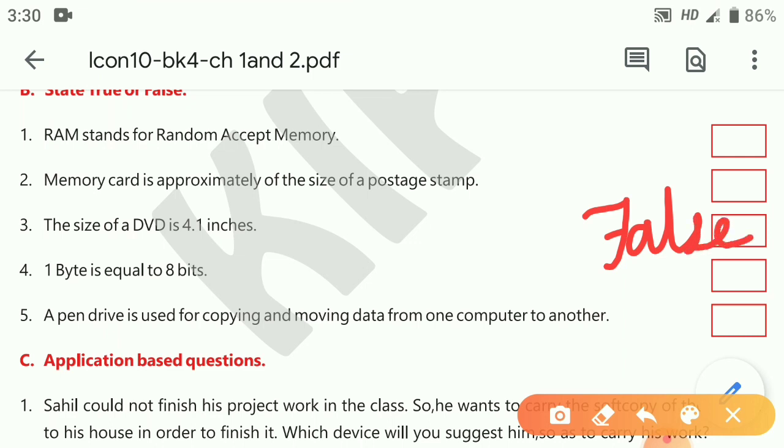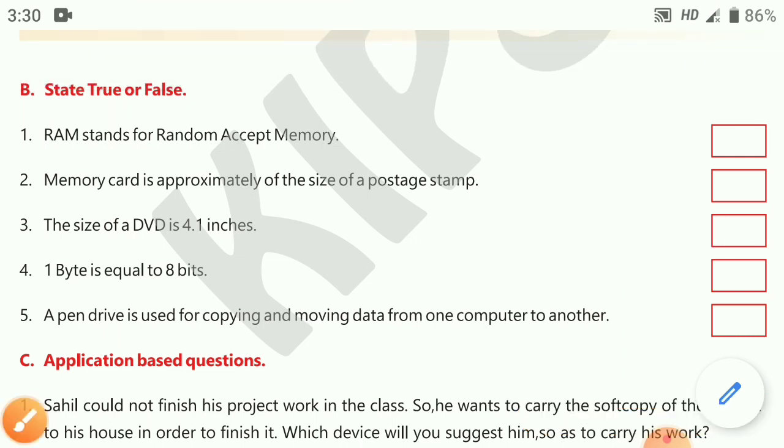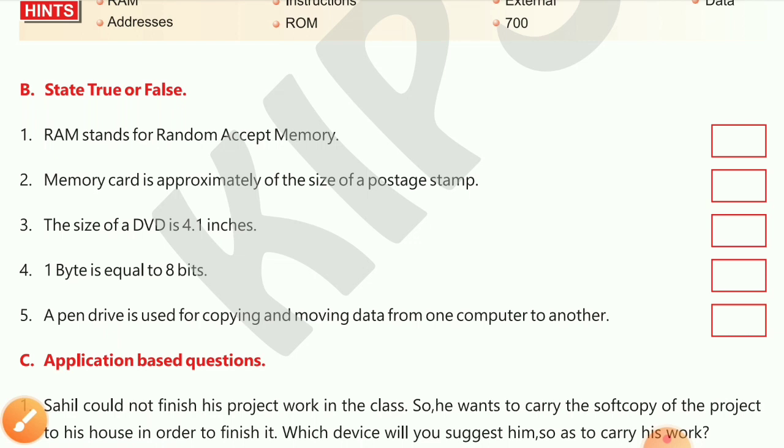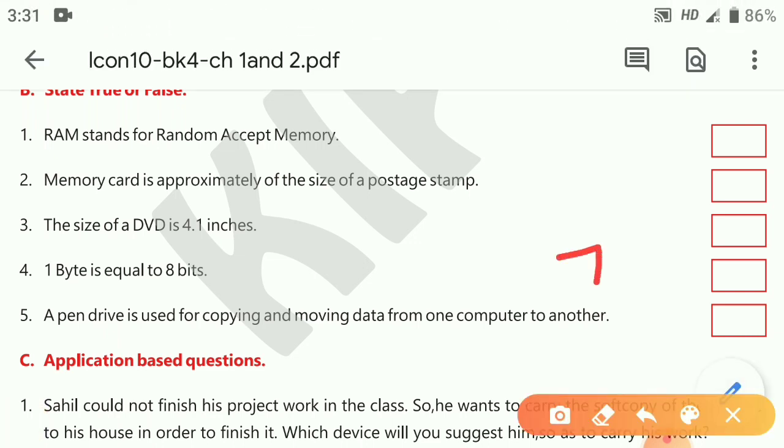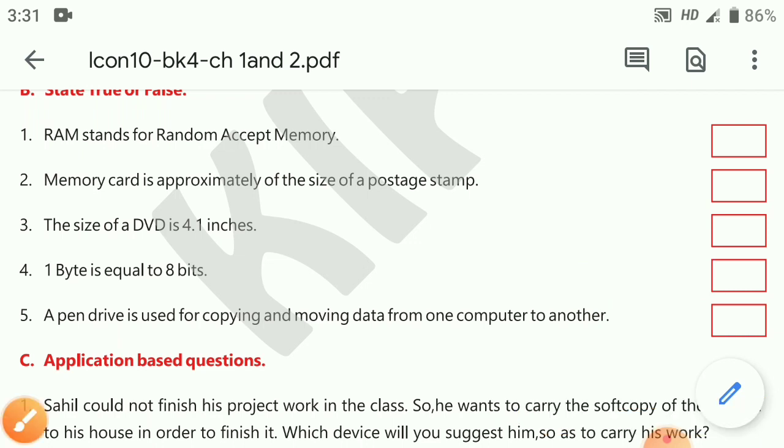F-A-L-S-E, false. Number 4. A byte is equal to 8 bits. Is it true? Yes. 1 byte equals 8 bits. We have learnt in our chapter 2. So the answer number 4 is true. T-R-U-E, true. Number 5.